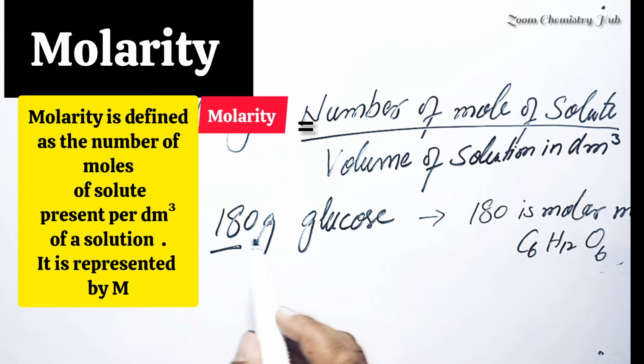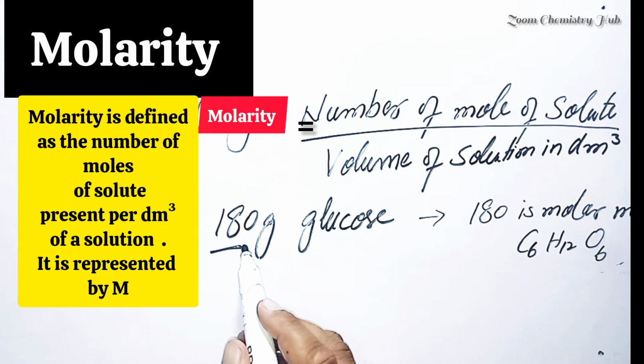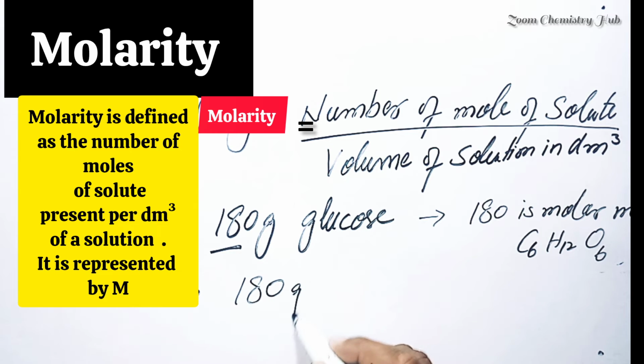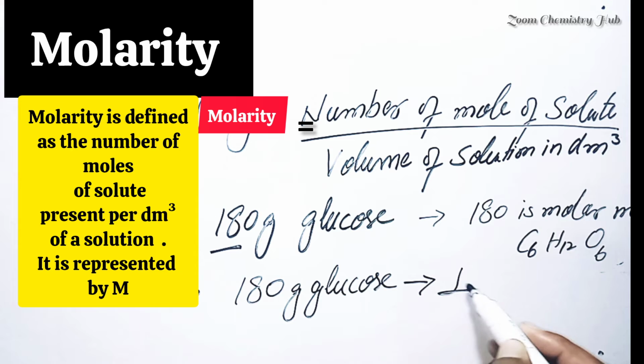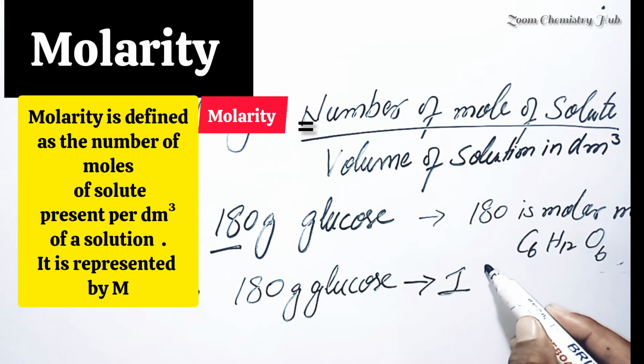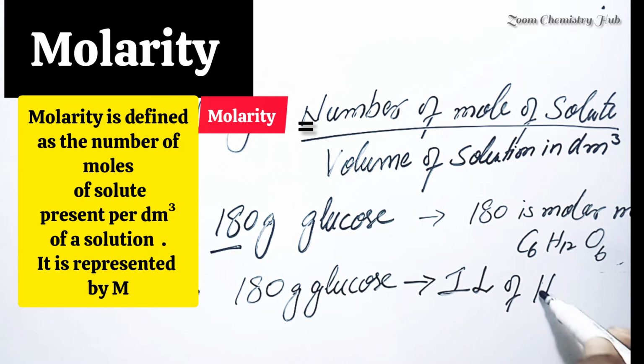So we will take the molar mass of glucose, that is 180, and we will dissolve it in 1 liter of water. So it makes a 1 molar solution: 180 gram of glucose in 1 liter of H2O.